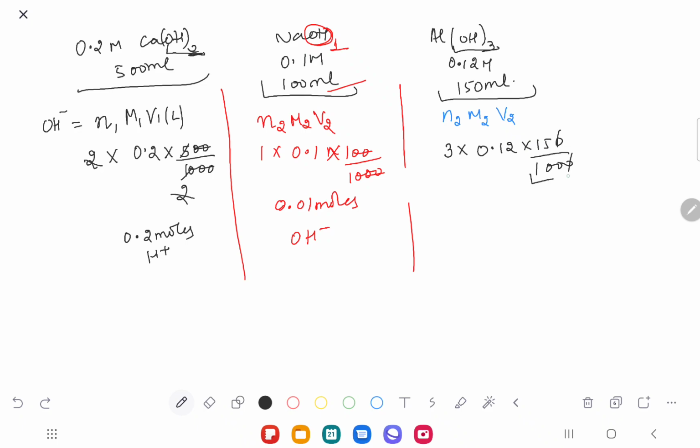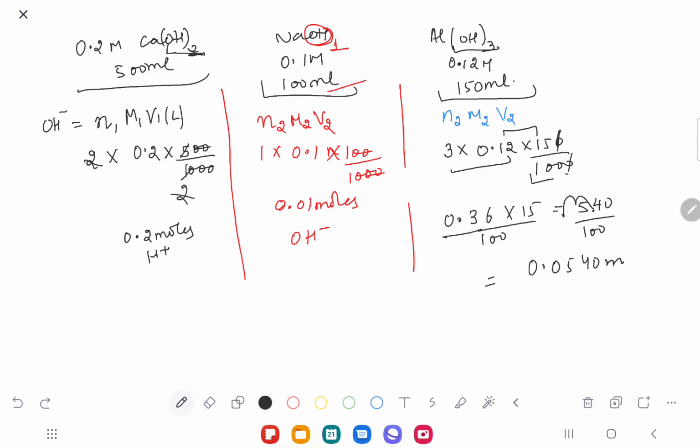Because 100 in the denominator is easier. So it is 3 times 12 is 36, so it becomes 0.36 times 15 over 100. So that would be 540, 5.40 over 100. So for me, it would be 0.0540 moles of OH negative ions.